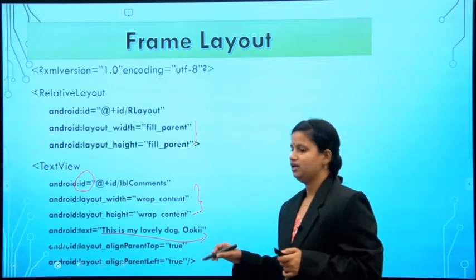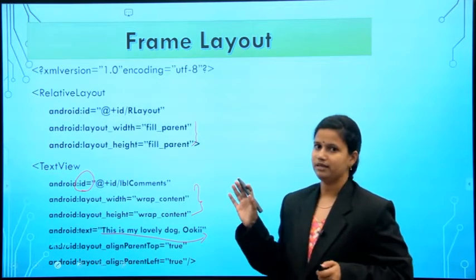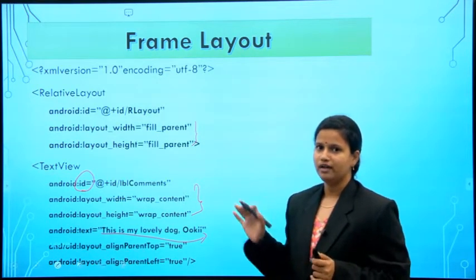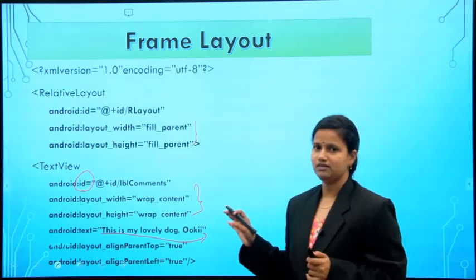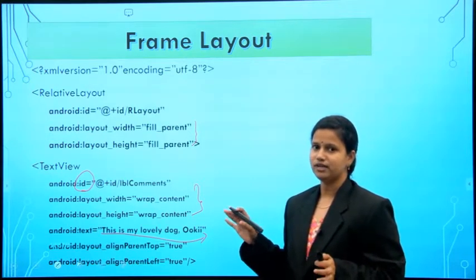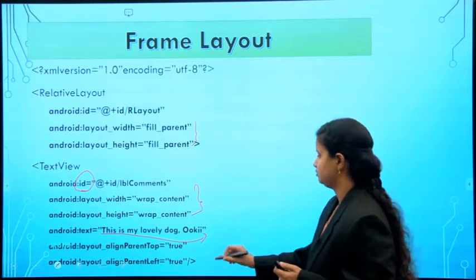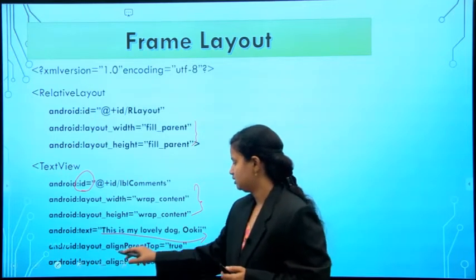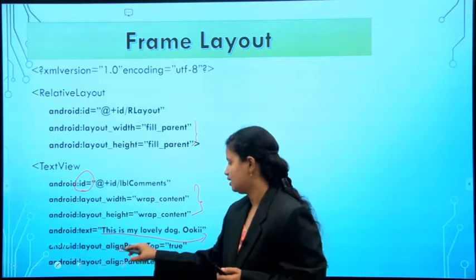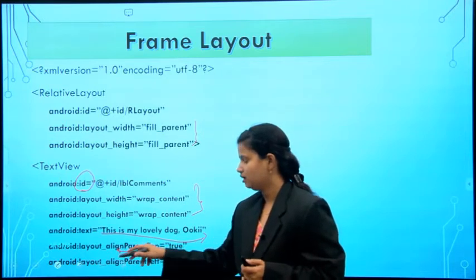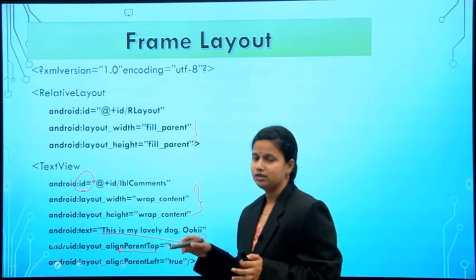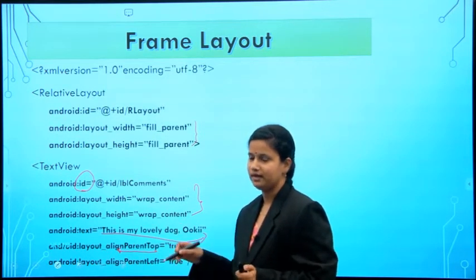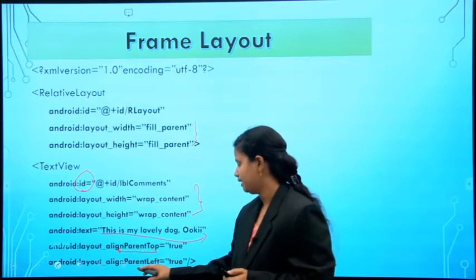The main purpose of the relative layout is to place views or view group elements relative to the already existing ones. If you consider align parent top, it means there is no previous view, so we add the components or views to the parent activity. That's why align parent top, align parent left.